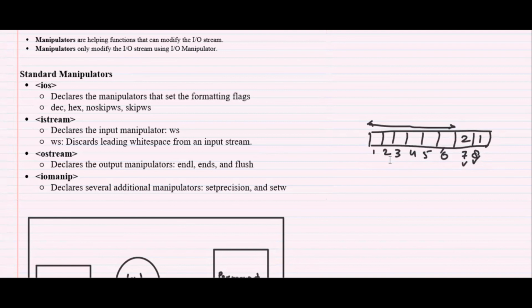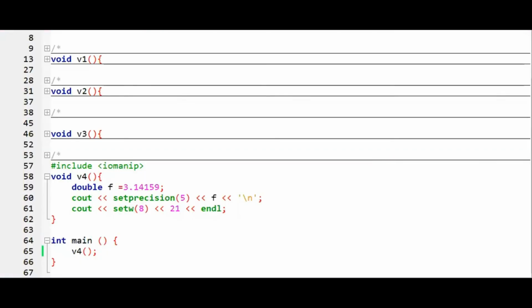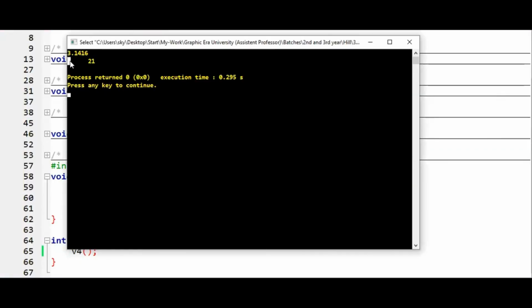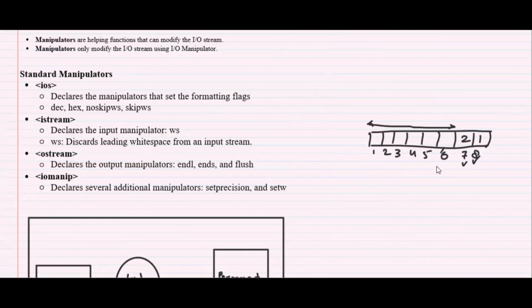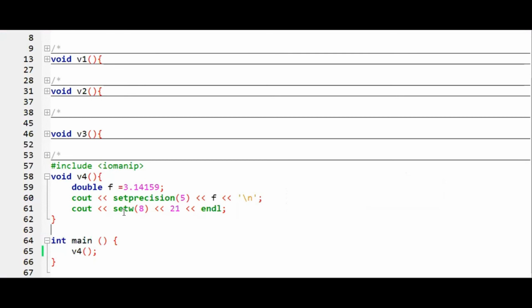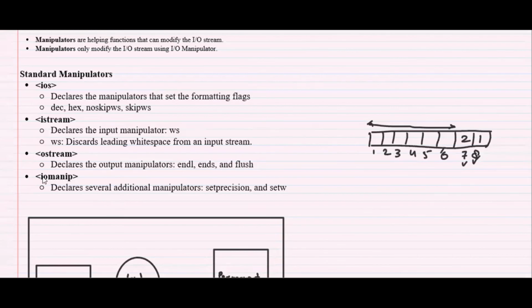If I see the output, see, 1, 2, 3, 4, 5, 6, 7, and 8. This is what it is doing, right? 7 and 8. So set width will set the width of your output in boxes and append empty spaces for the non-used boxes. So this is about your IO manip class.